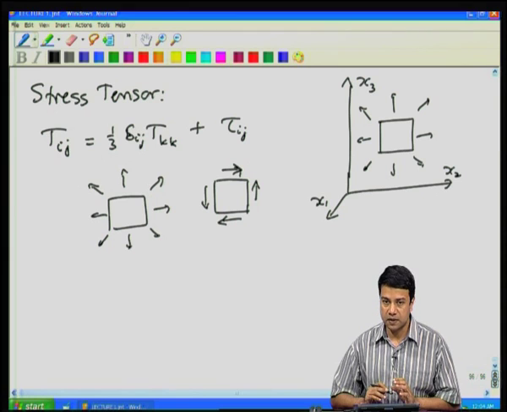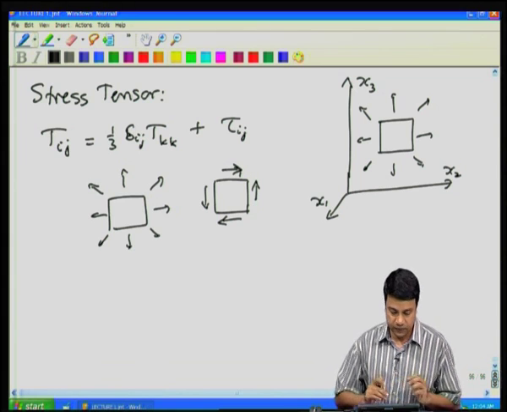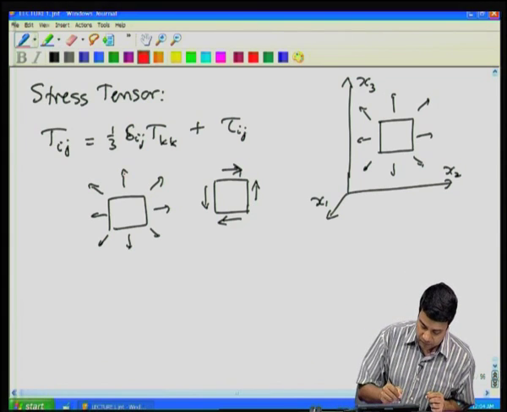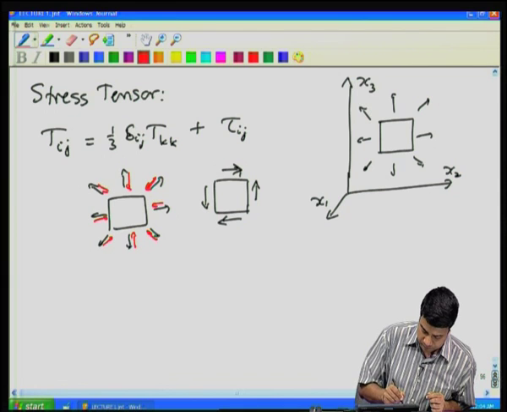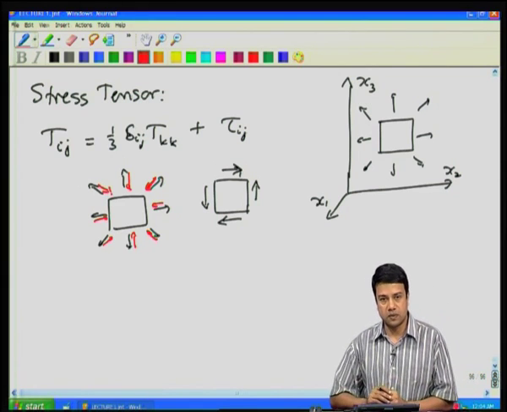In a static fluid, you do have a hydrostatic pressure. The pressure acts inward on any differential volume at all points, and it is along the inward unit normal. So, the pressure in a static fluid basically acts inward at all points within the fluid.